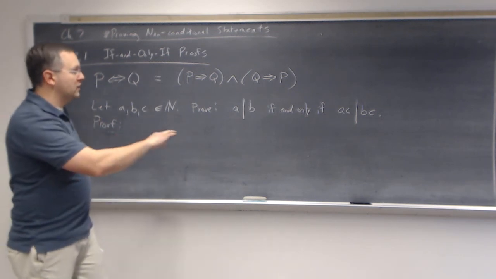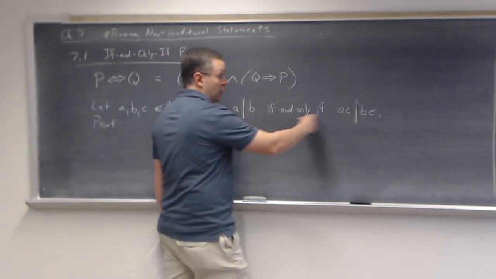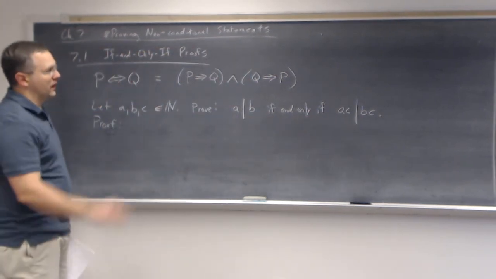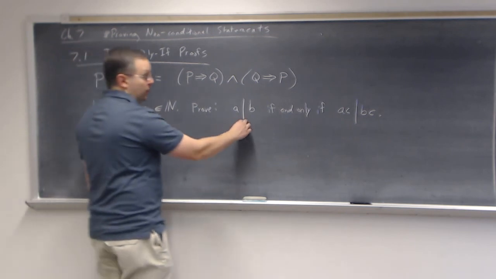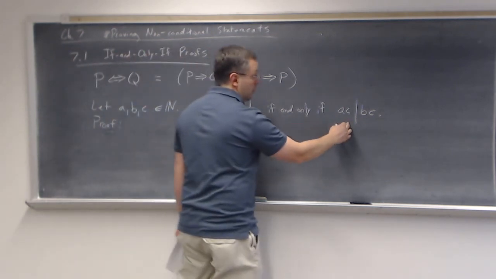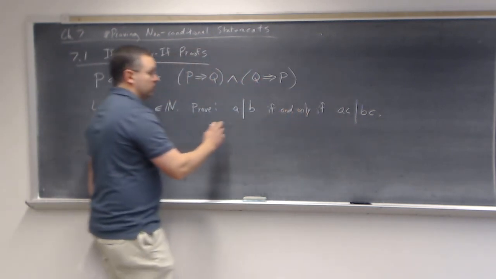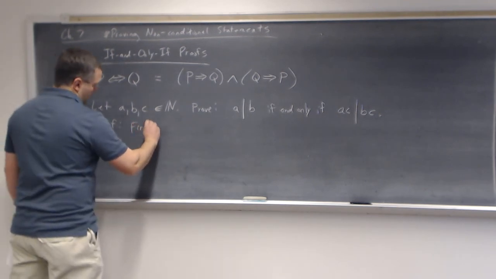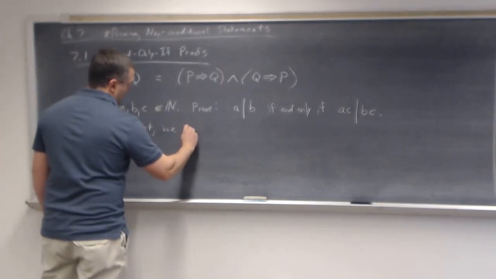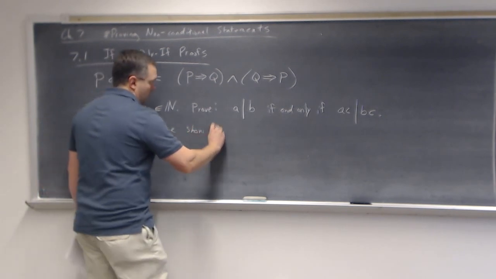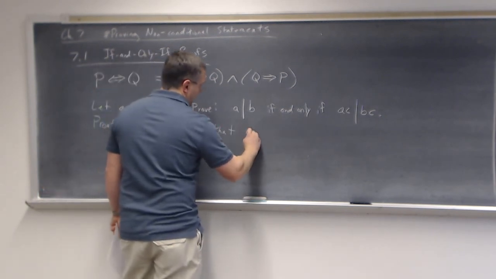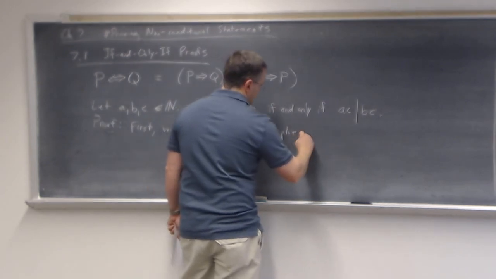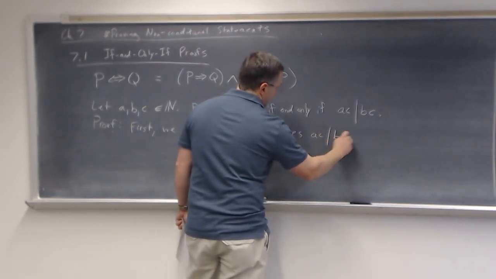All right, so this is my P if and only if Q. Usually I just do the forward implication first. I'm first going to assume that A divides B, and I'm going to conclude that AC divides BC. First, we show that A divides B implies AC divides BC.